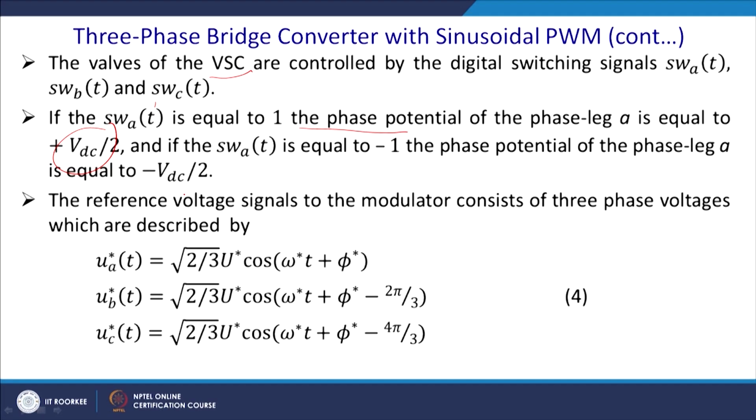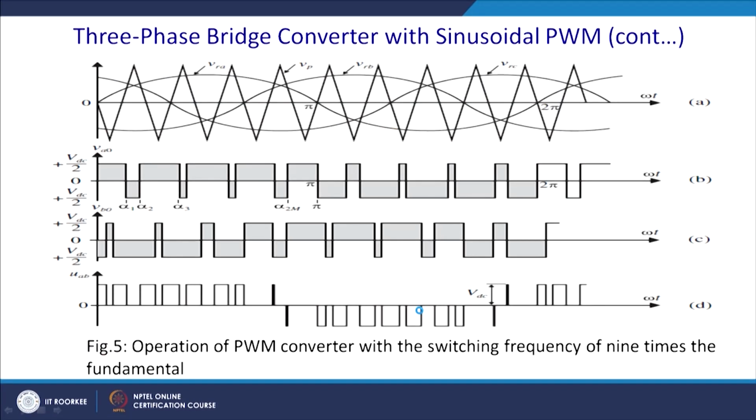The reference voltage signal to the modulator consists of 3 phase voltages, which can be described by UA, UB, UC, and have root 3 by 3 U cos(omega t plus phi), root 3 by 3 U cos(omega t plus phi minus 2 pi by 3) and 4 pi by 3 and so on. So, you can see the different kinds of voltage.